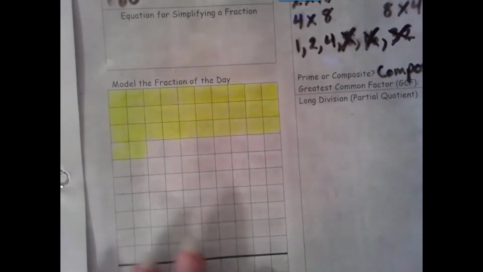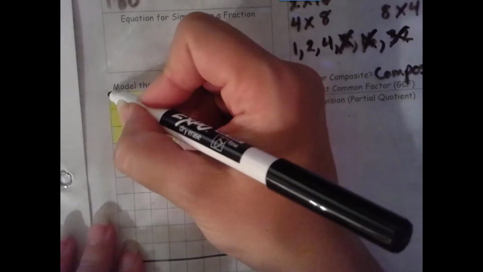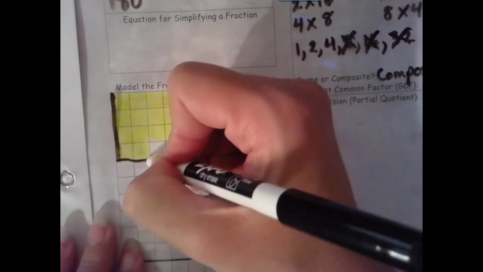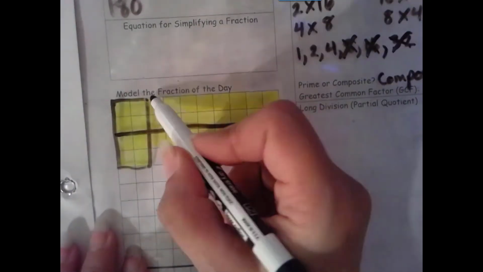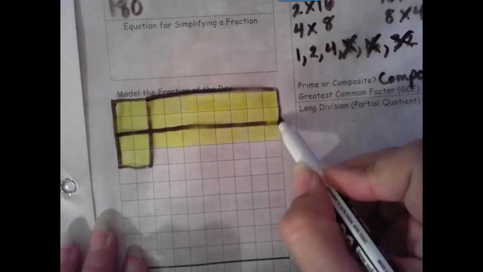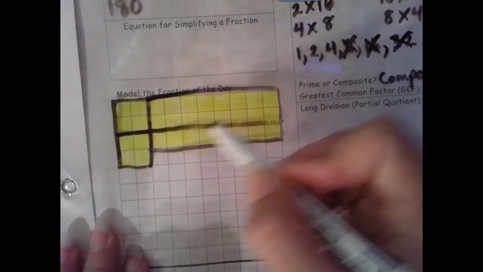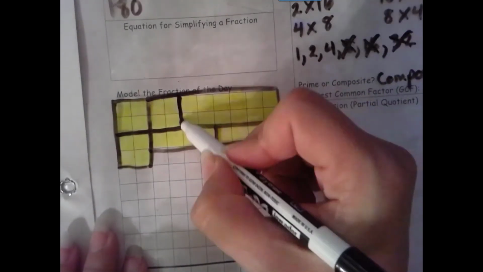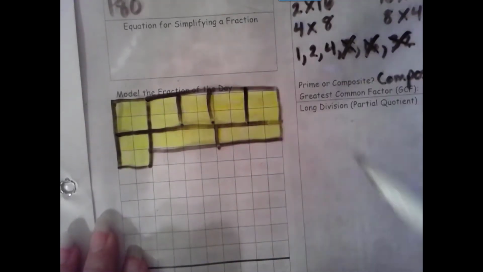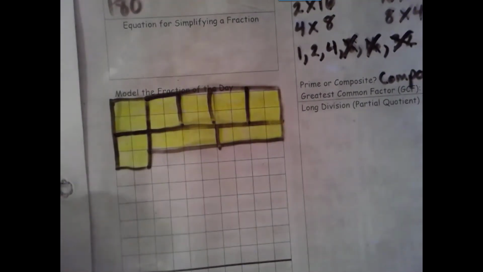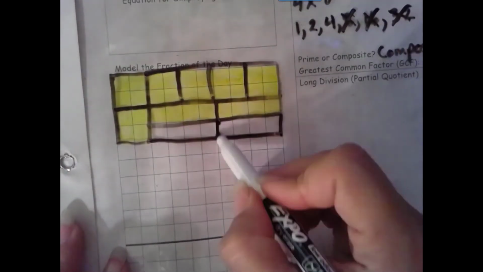Again, we need to keep our shaded separate from our unshaded in our groups of 4. And we need to make sure there's 4 in each group.